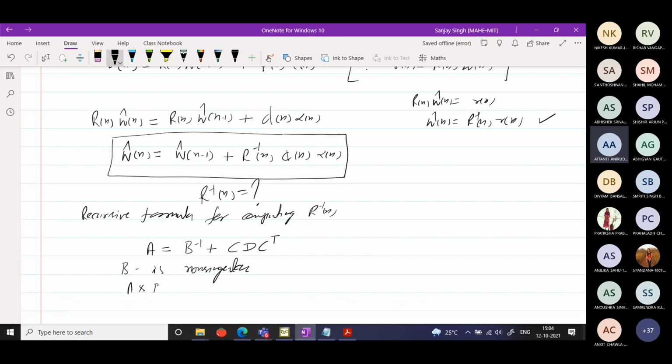A and B have similar dimension. Okay. And D is another non-singular matrix with different dimension.